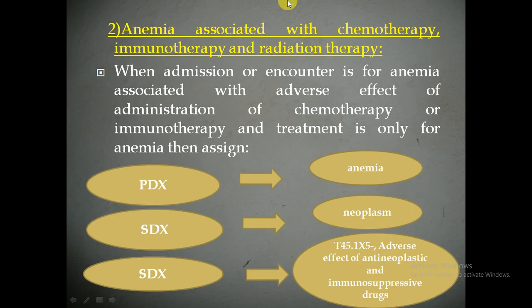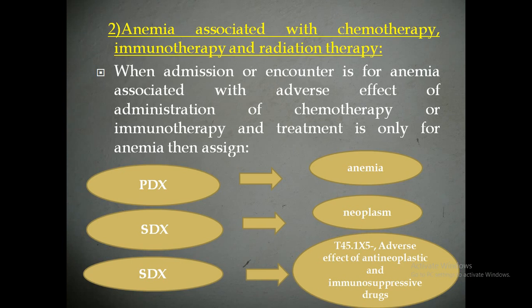Suppose anemia associated with chemotherapy, immunotherapy and radiation therapy, whenever patient is having these conditions, how to code that we will see here. Whenever patient is getting admitted for anemia, he is also having adverse effect of the immunotherapy, chemotherapy, and the treatment is only for the anemia.